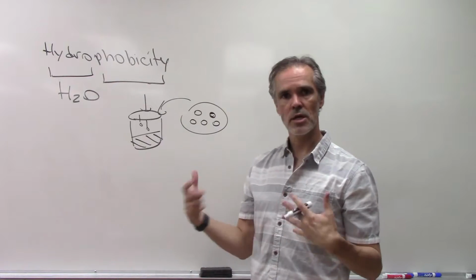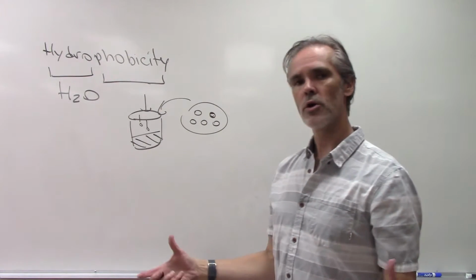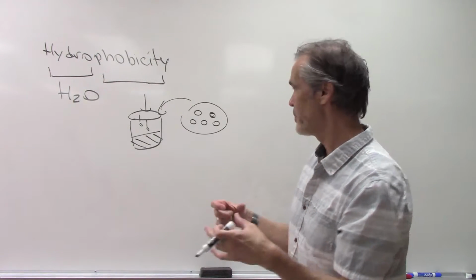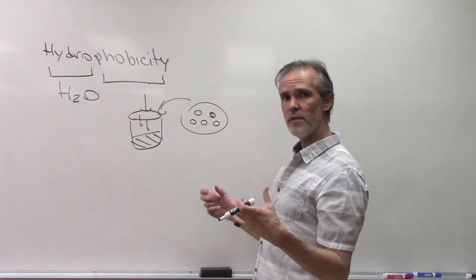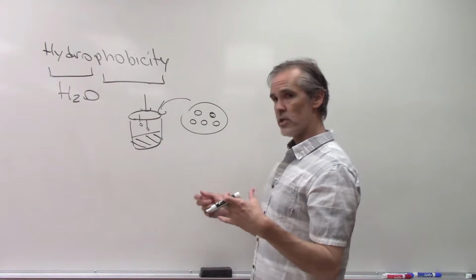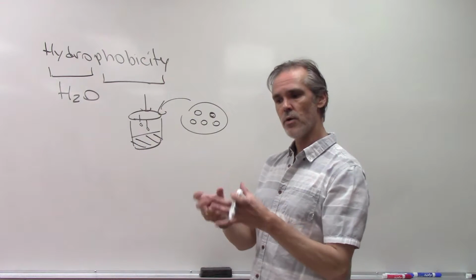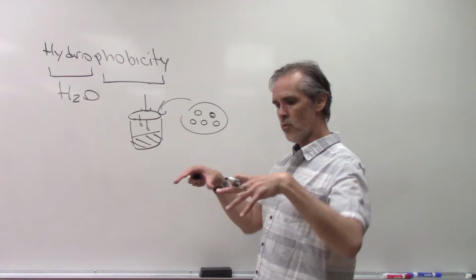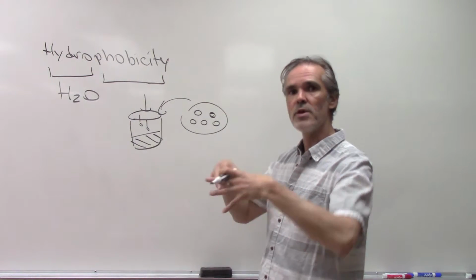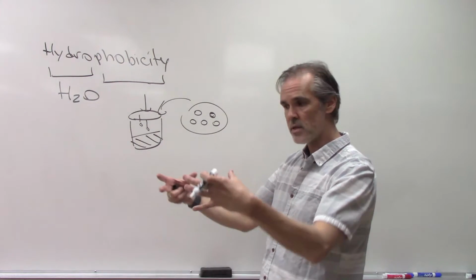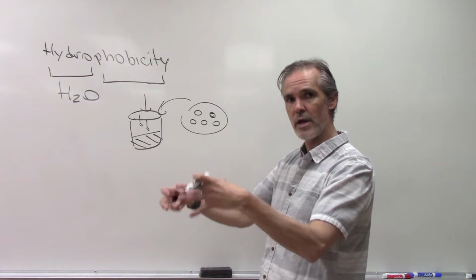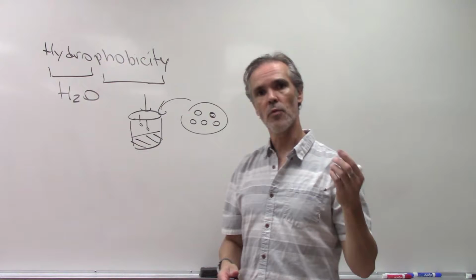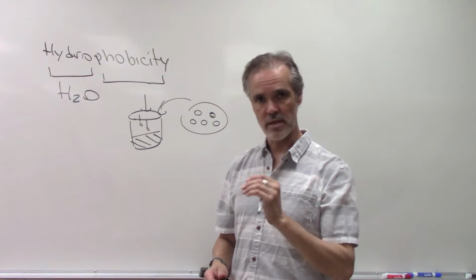You might shake this all you want, the oil droplets will always form again. Why? Because all of the lipids that you disperse by shaking will eventually reconnect with one another, and water will be around them, pushing the lipids together again. They always form because they don't mix, and they don't mix because of their hydrophobicity.